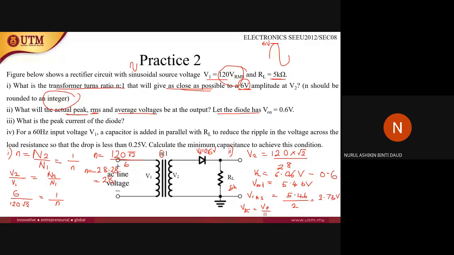If they ask you to draw the waveform, it will look like this, yeah? The waveform, the peak here is 5.46, right? So 5.46 divided by pi, 3.14, you will get 1.74 volts.